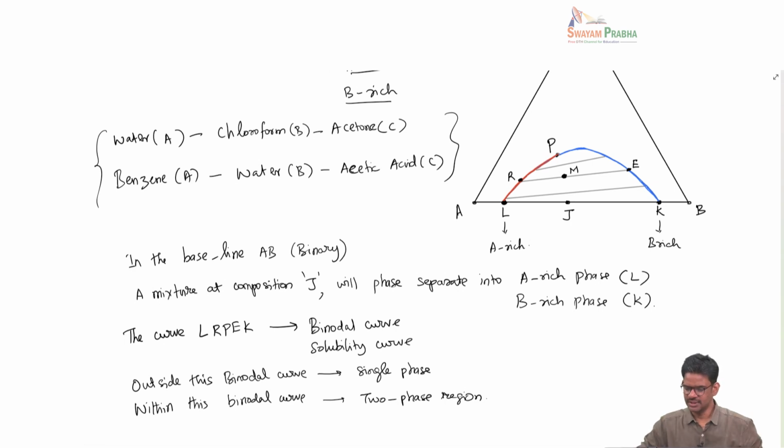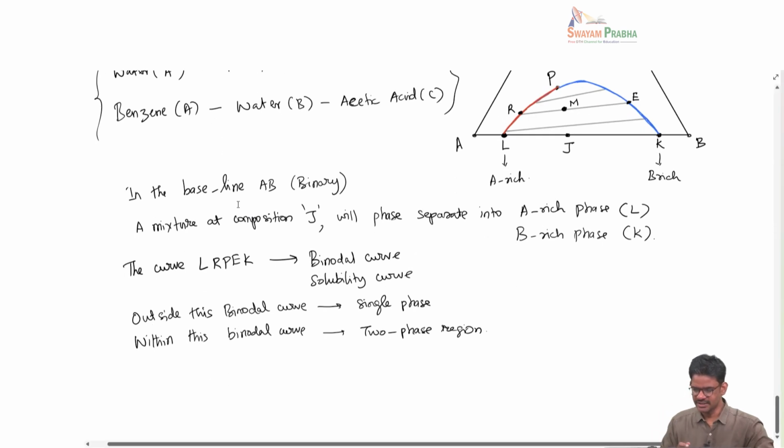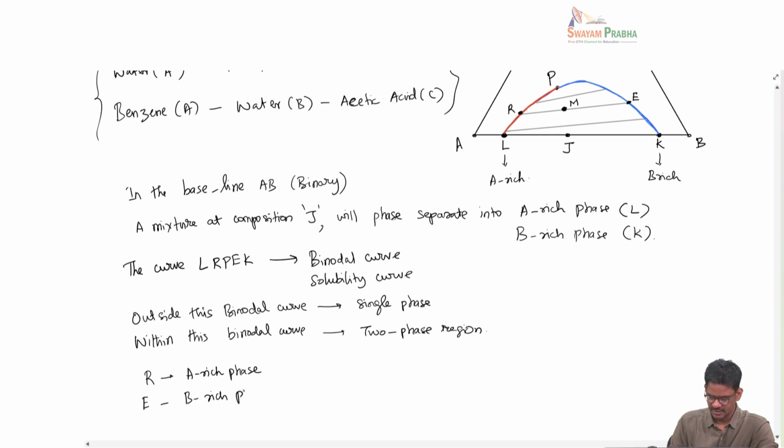So now there is a line that connects R and E. So let's write this. R is the A rich phase and E is the B rich phase, and these are the equilibrium phases.